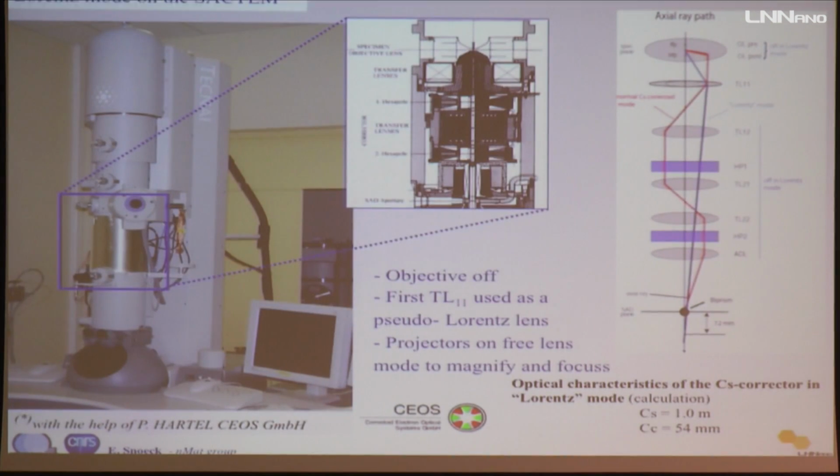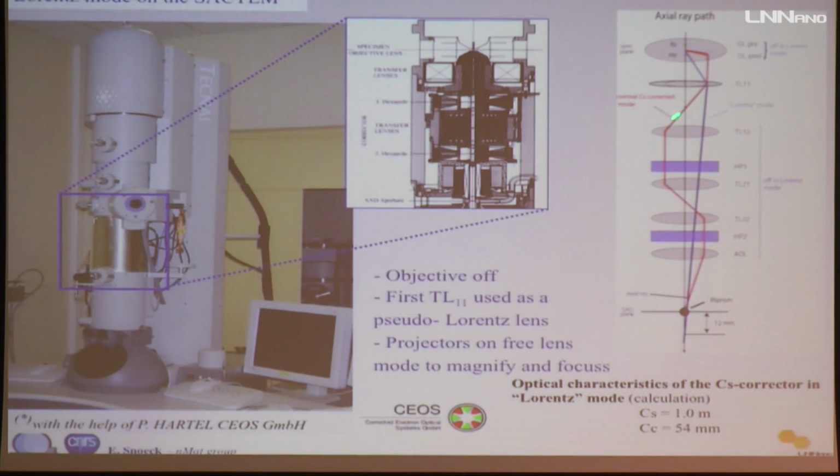There is another configuration. This is the microscope we have in Toulouse. This is a Tecnai corrected microscope, and what we have done, I don't know, have you heard about CS correction yet or not? Yeah, okay. Well, on this microscope, you have an image CS corrector, which is located just above the objective. That was the first prototype sold by FEI, so before Titan.